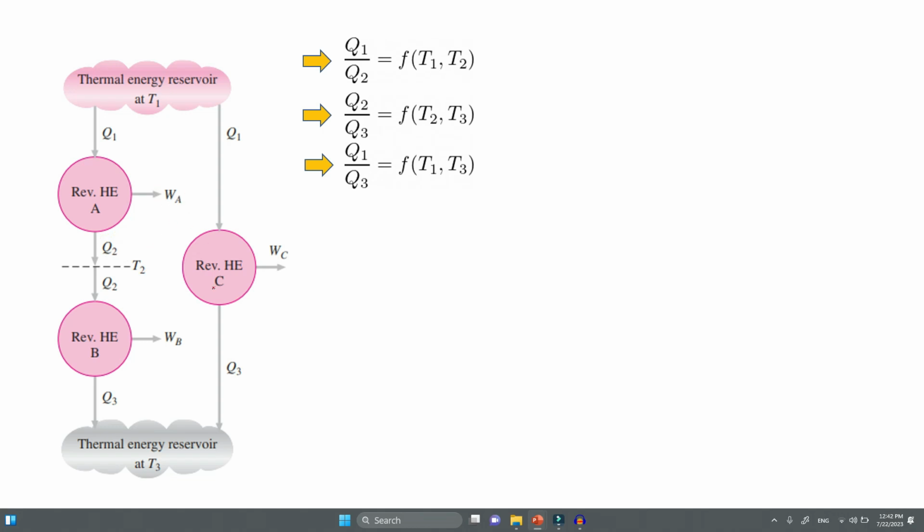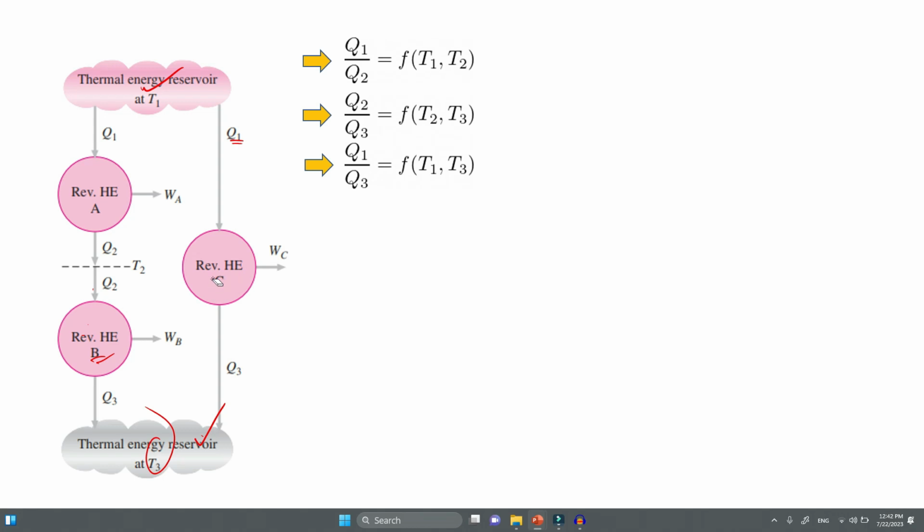And you have a reversible heat engine C, which takes in Q1, produces work and rejects Q3. So this reversible heat engine C works between T1 and T3. Here you have a reversible heat engine B, which works between T2 and T3. It takes in Q2 and rejects Q3 and produces work. So this reversible heat engine B works by taking in Q2, the heat released from the reversible heat engine A.